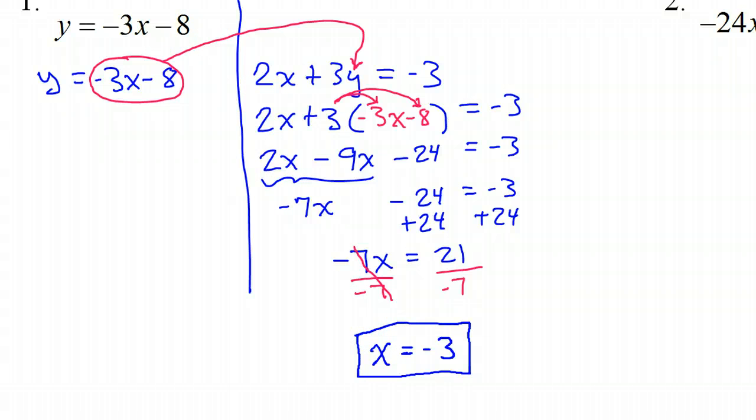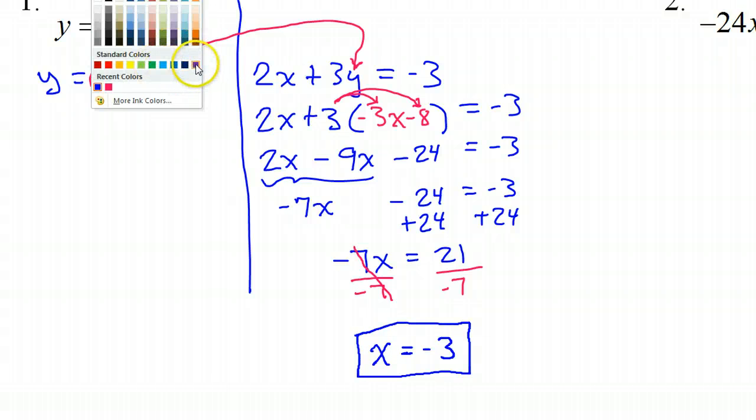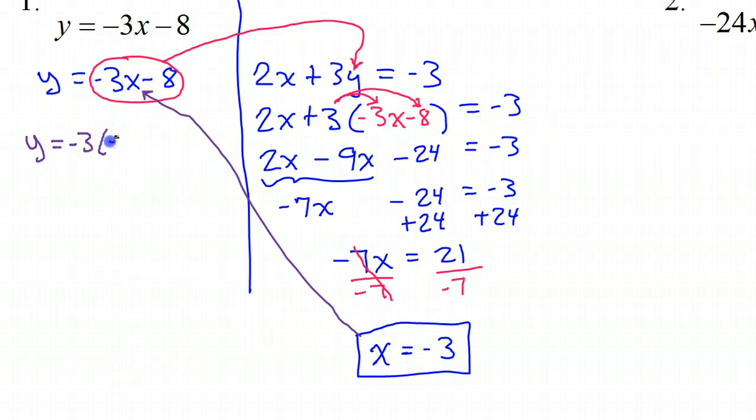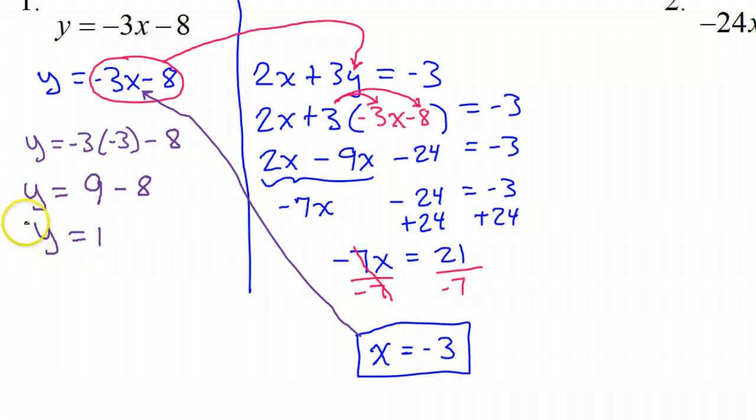So we need to take this now and plug it back in for x, right here. If we do that, then we're going to get y equals -3 times -3, because I'm plugging that in, minus 8. So negative times negative is +9 minus 8, so that's y equals 1.